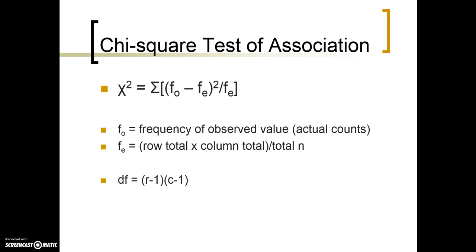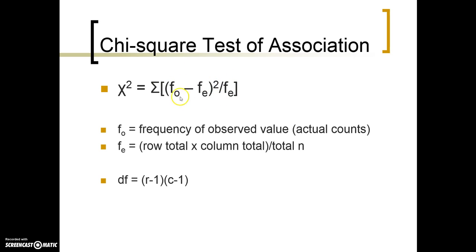So the chi-square test of association, I will tell you right now, chi-squares are not hard to calculate. There's just a lot of little steps. So here we have chi-square. Remember this symbol? It means the sum of whatever's behind it. So we have FO, that's the frequency of our observed, minus FE, the frequency of our expected value for that cell, squared, divided by the FE.